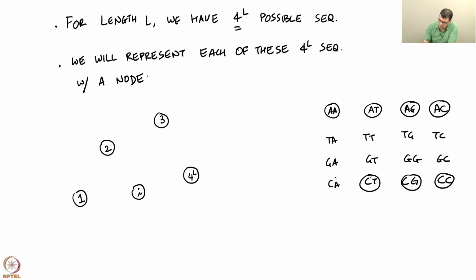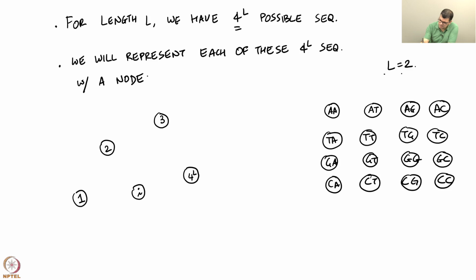That is what we are aiming to make here. And as you can see, even with L equal to 2, writing this was a bit challenging, but as L increases, this is going to get astronomically big and handling this manually is going to be impossible.